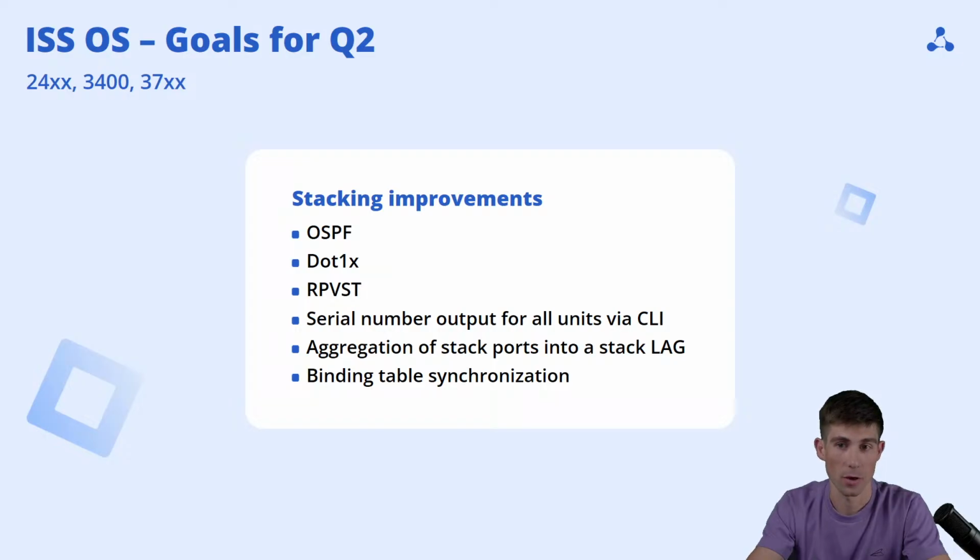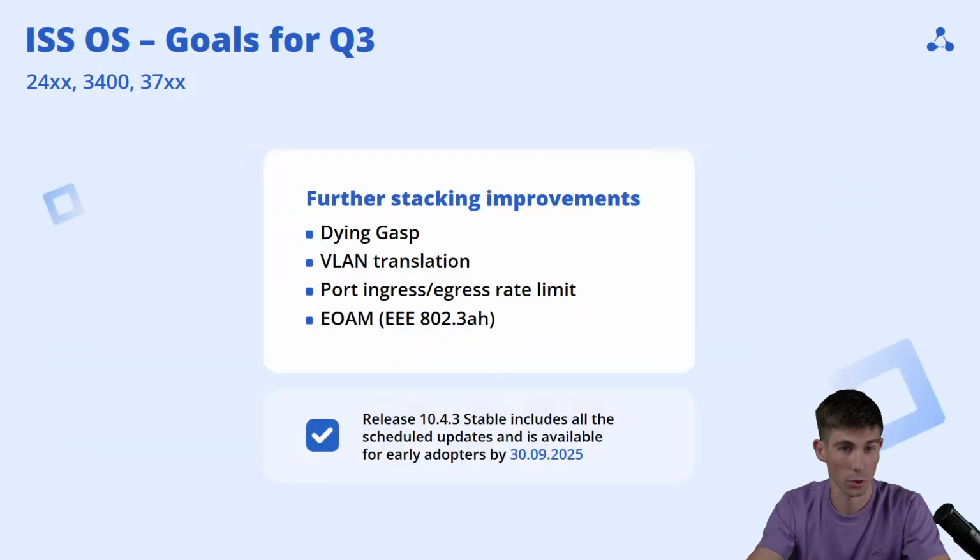In the third quarter, we are also planning to add further stacking improvements. Dying gasp would be one of them. It is a feature that allows notifying the master when one of the devices in the stack is about to go offline for reboot or for whatever reason. It basically notifies the master so they can share the load accordingly.